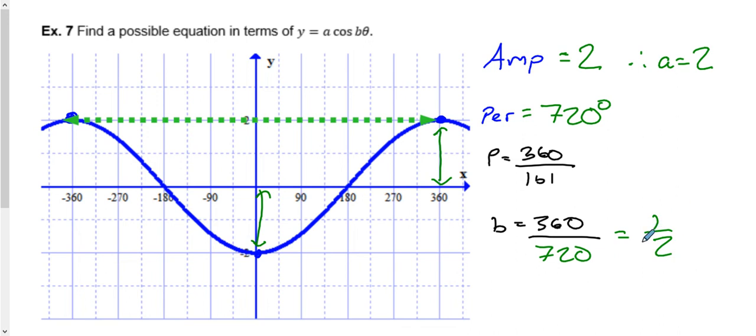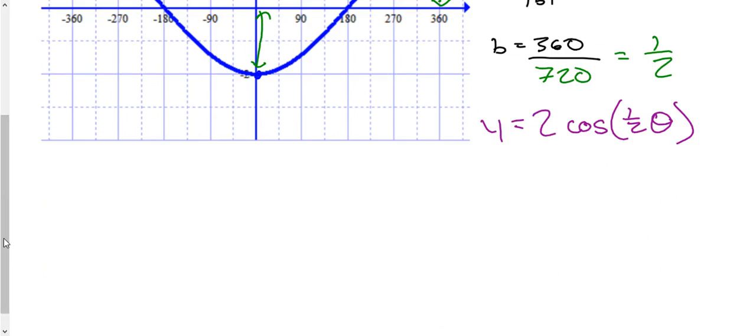And again, that is our b value. So let's write down our final equation. Our final equation here is y equals a, which is 2, cos bracket 1/2, because that's our b value, theta. And there we go. So here, this is our answer that usually would have been accepted, and that definitely works.